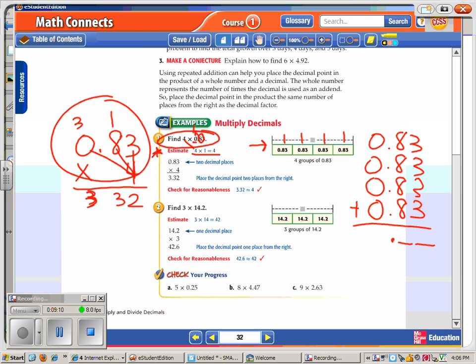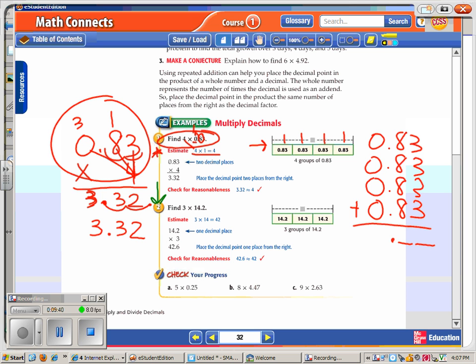And then what we do is, starting here, we make that many leaps to put that decimal place in. This is what I'm saying. If we have 2 spots here, I'm going to start here, and I'm going to put the decimal right there. Okay, so it would be 3 and 32 hundredths. But like I said before, it's just so natural for me to insert those where they need to go. All right, moving on.